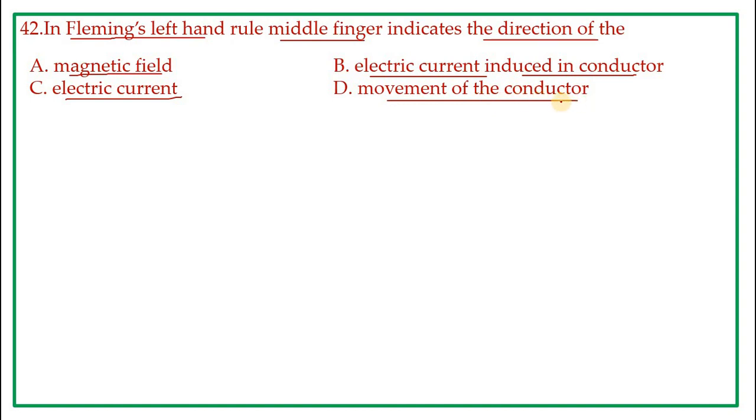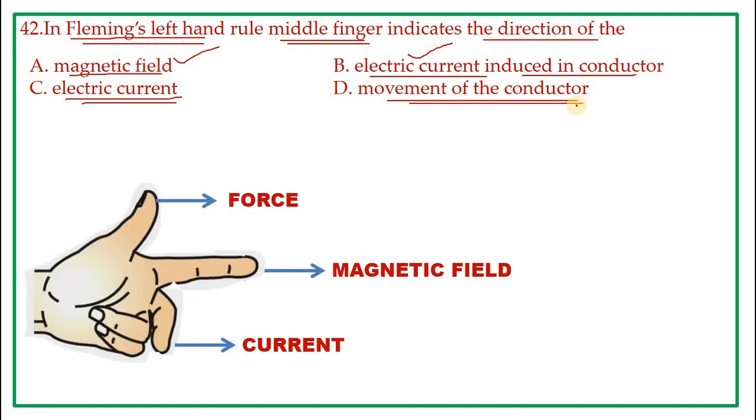Children, understand the question properly, and it is a very simple one. In Fleming's left hand rule, the middle finger indicates what? Whether it is a magnetic field or electric current induced in conductor, or just electric current or movement of the conductor. To make you understand that, let me take a suitable figure.